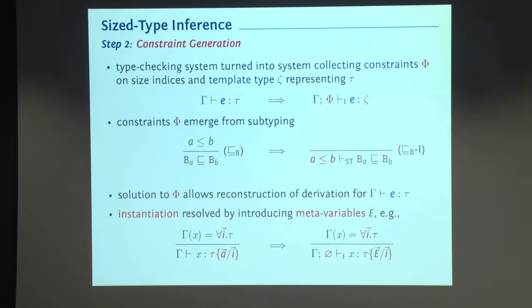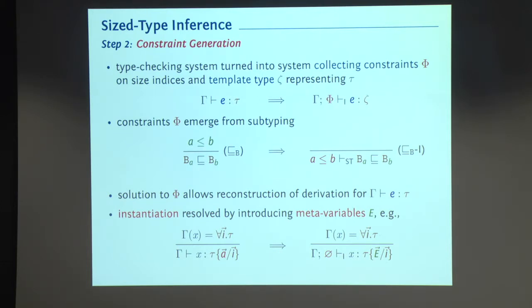The most difficult or challenging part comes into play when we want to implement instantiation. Why? Because whenever we instantiate a polytype to a monotype, we have a certain choice on what sizes we should use to substitute the quantified variables with.